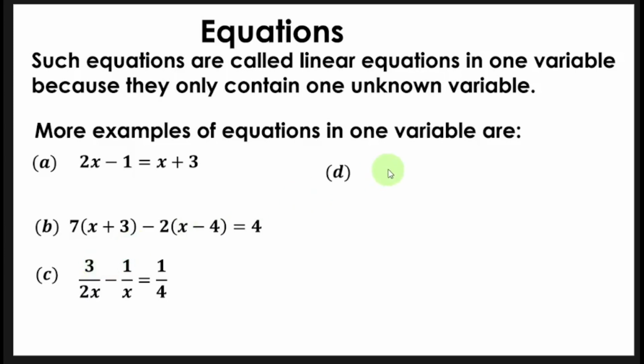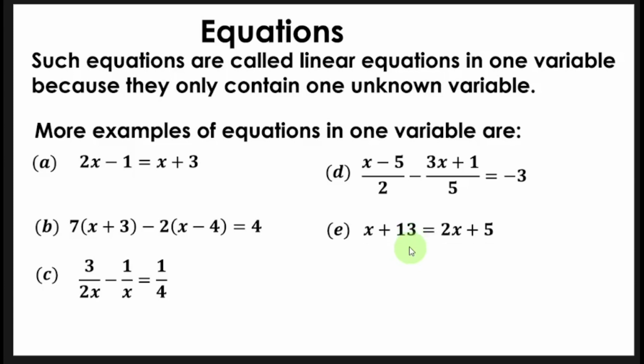Then D we have (x minus 5) over 2 minus (3x plus 1) over 5 equals minus 3. Then E we have x plus 13 equals 2x plus 5. F we have 1 over (y plus 3) is equal to 3 over (y plus 1).